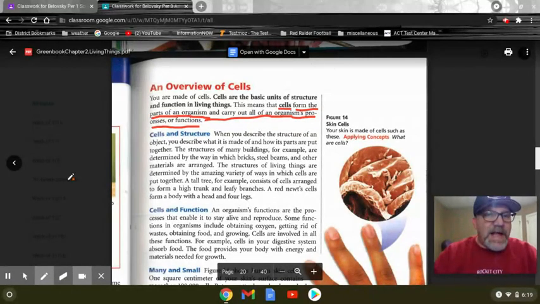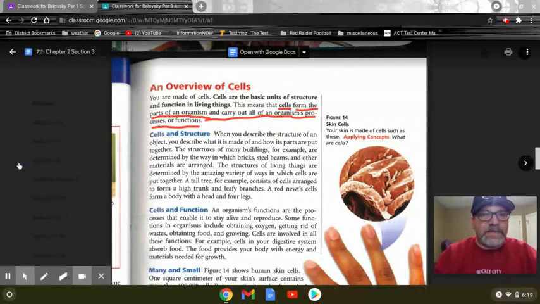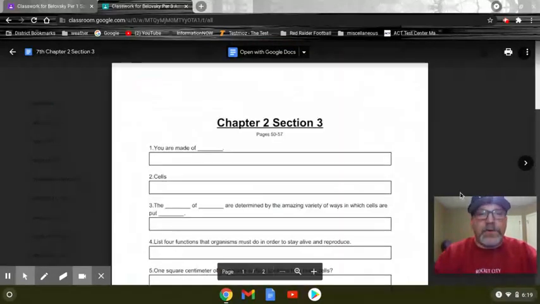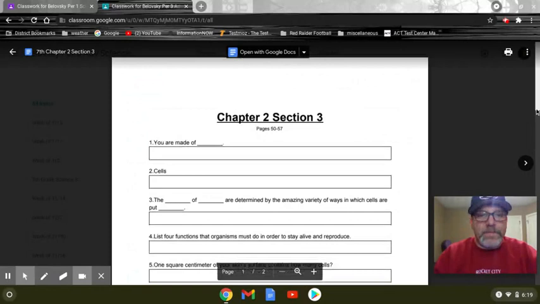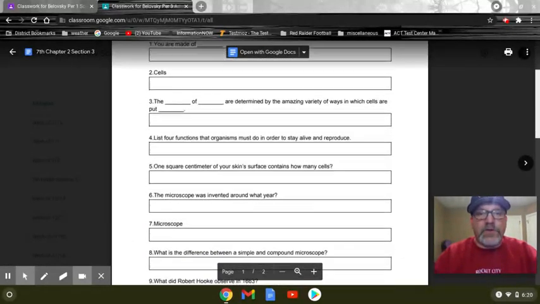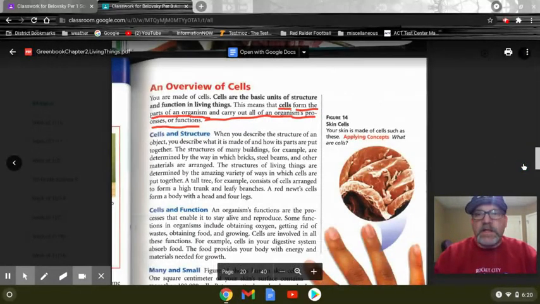Okay. Now, the next word that you need to write down, if I come over here and open up your Google document, you need to scroll down, and you need to look for number 7, microscope. All right. What is a microscope? All right.